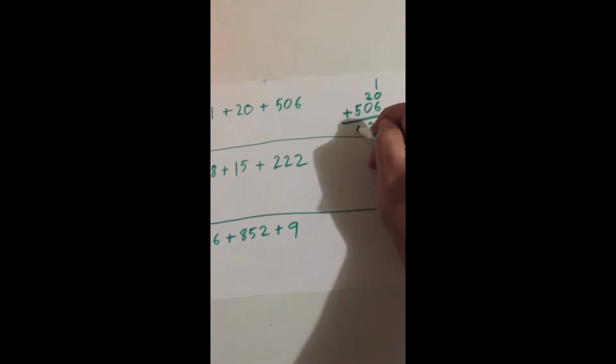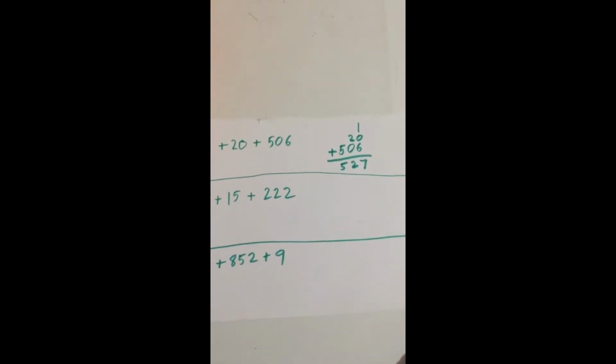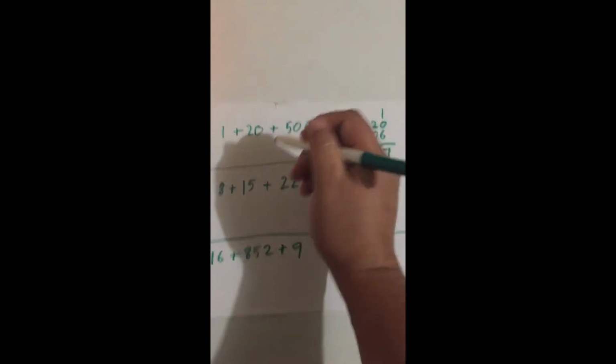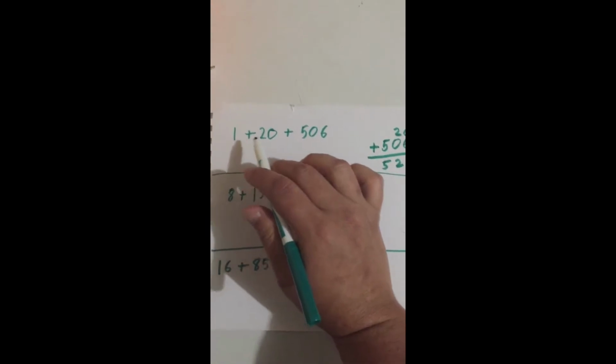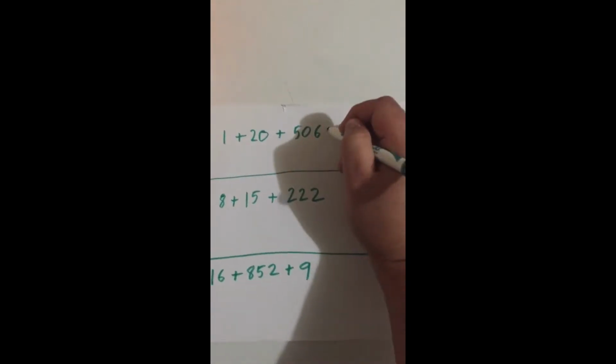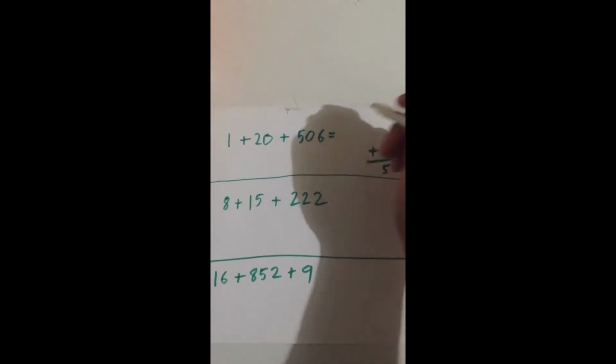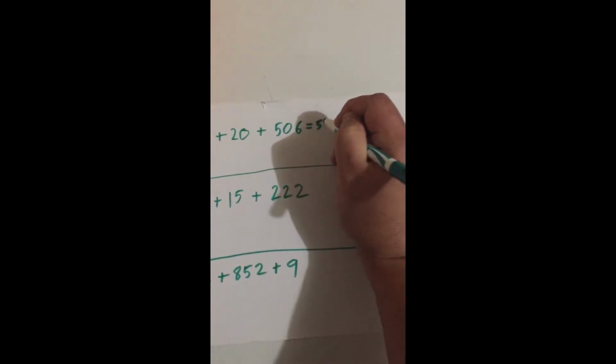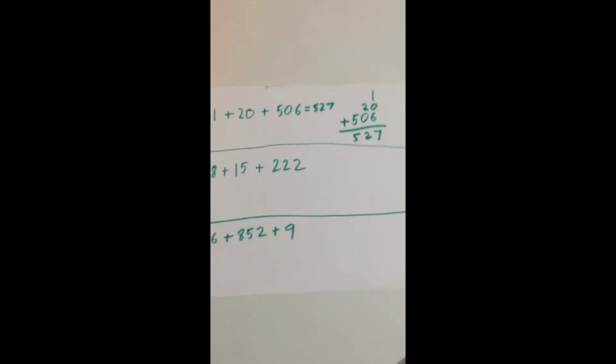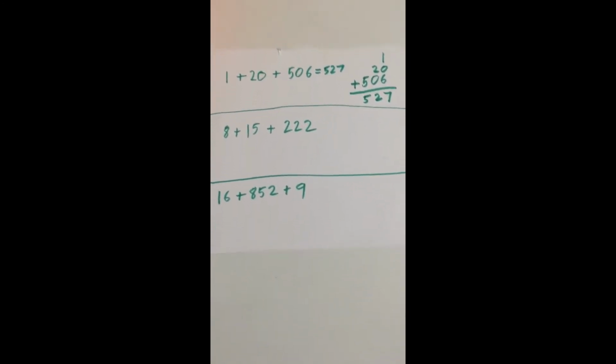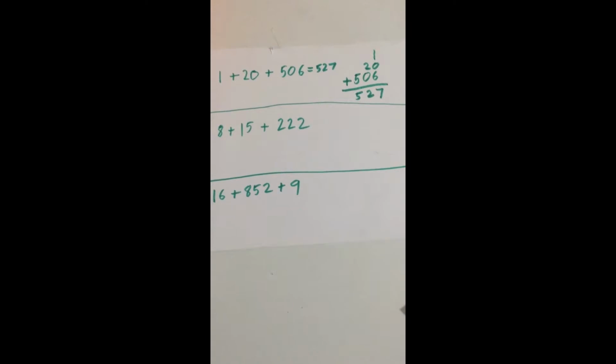And then we jump to the next one, and 5 plus nothing is 5. So our answer to this problem, 1 plus 20 plus 506, equals 527. Easy, right?